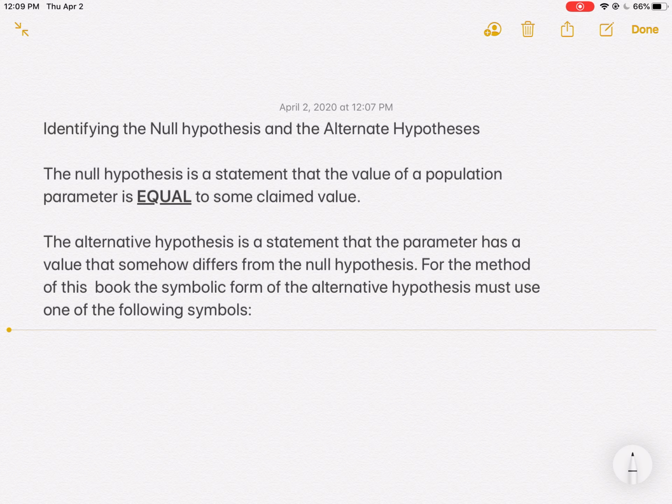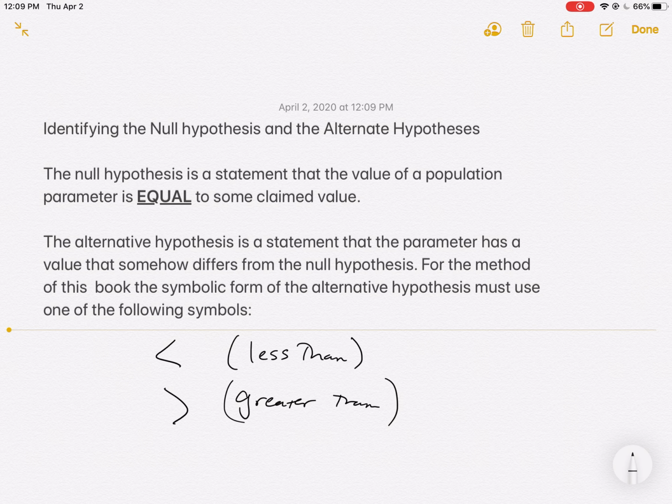So we want it to be different than that. For the method of this book, the symbolic form of the alternative hypothesis must use one of the following symbols. And so the symbols are the less than symbol, and I'll put it in English right over here, less than, the greater than symbol, or the not equal to. So your alternate hypothesis will only include those.